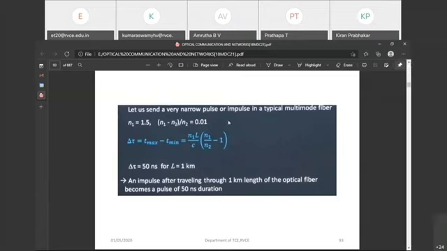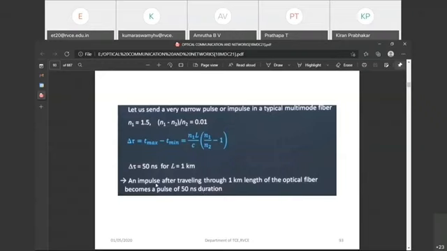So this you can try out on your own with the given values and you can understand. For a variation of 0.01 and for L to be 1 kilometer, you will find almost 50 nanoseconds of pulse width broadening occurs. It starts as an impulse.